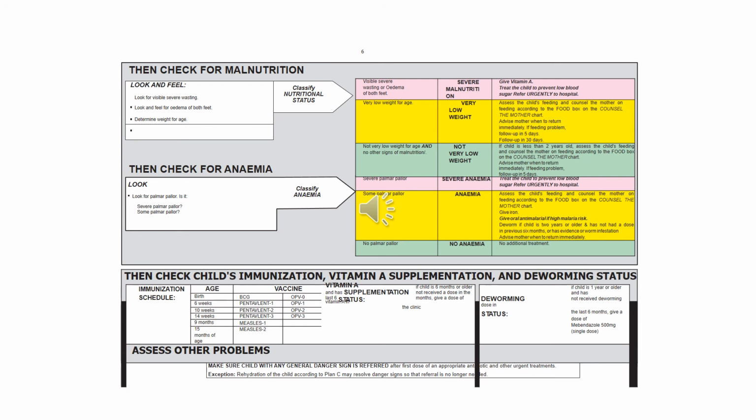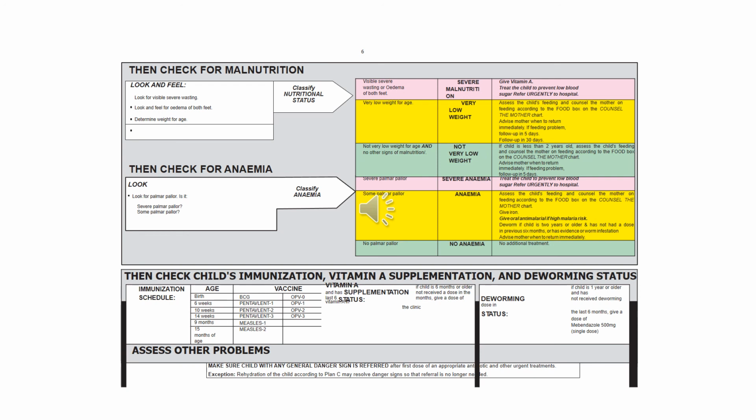And if the child has not been immunized before, you have to advise the mother that they should go for immunization and complete the immunization of the child or the baby who has come to the hospital.